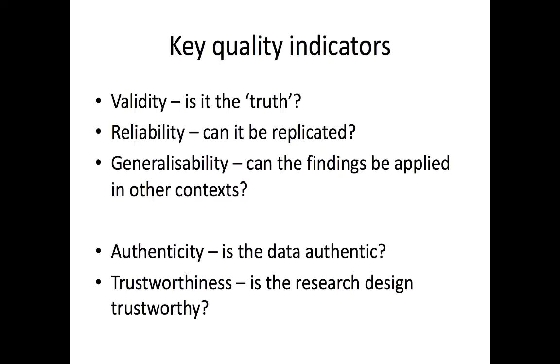In the natural sciences, you often also have this quality indicator of reliability, which means that the findings will be reliable no matter who replicates this particular experiment or study. It can be replicated over and over again, and you will always get the same results.